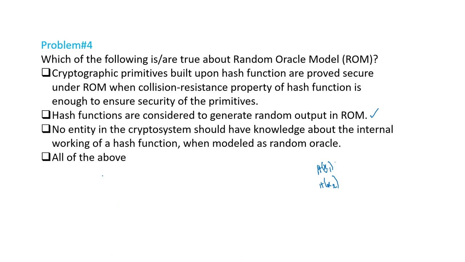We just query the block cipher and we get to see the output. Similarly, here also when a hash function is modeled as random oracle, you can just query the oracle with some input x and you can get to see the output of h of x, but how the function h actually works is not known to anyone. That is the assumption.